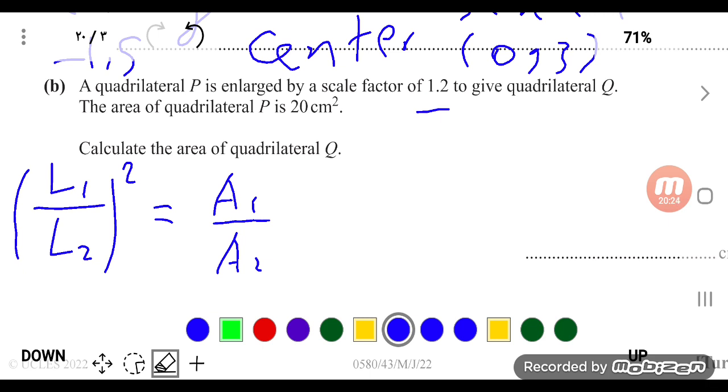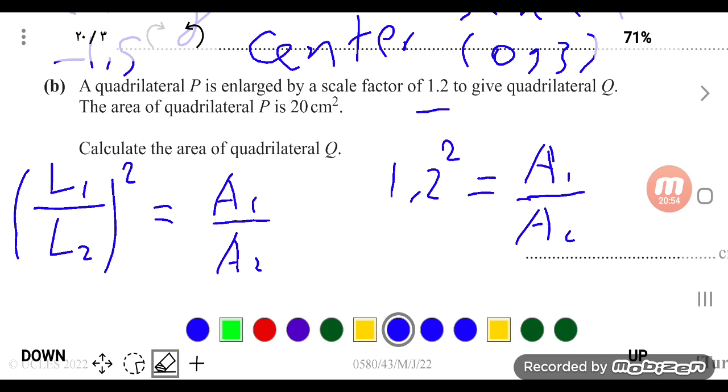So to get the area of the new, you can cross multiply. So 1.2 squared equals area of the small over area of the big, area 1 over area 2.